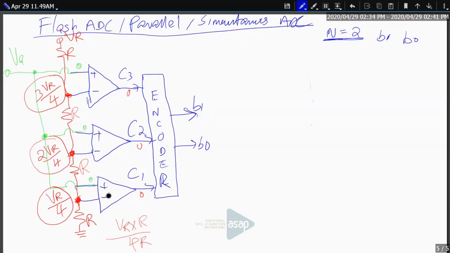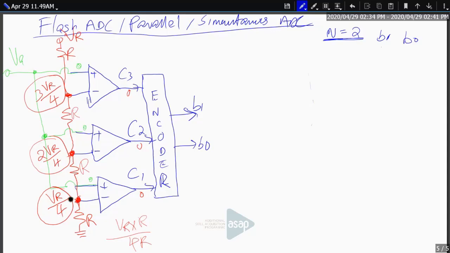When it comes to comparator 3, it is 3 times VR divided by 4. So this is what is going to happen. This is very important. This is the voltage at the third comparator, this is the voltage at the second comparator, this is the voltage at the first comparator.